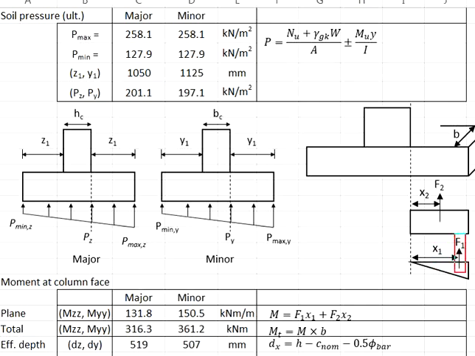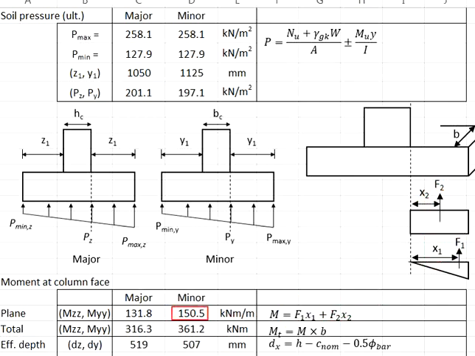The resultant force acts at 2/3 the distance from the base. That means this lever arm here shall be taken as Z1 multiplied by 2/3. That will give you the moment, which equals F1 multiplied by X1 plus F2 multiplied by X2.